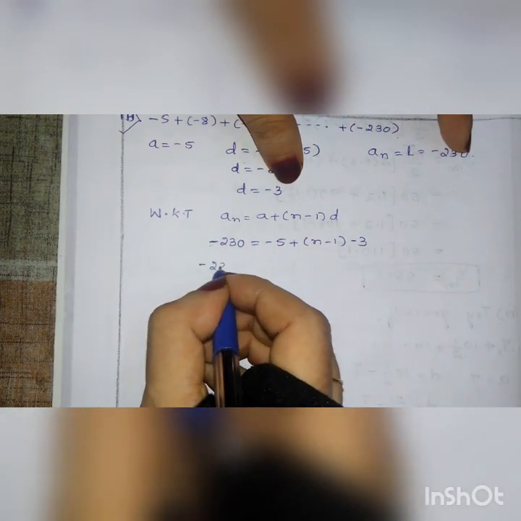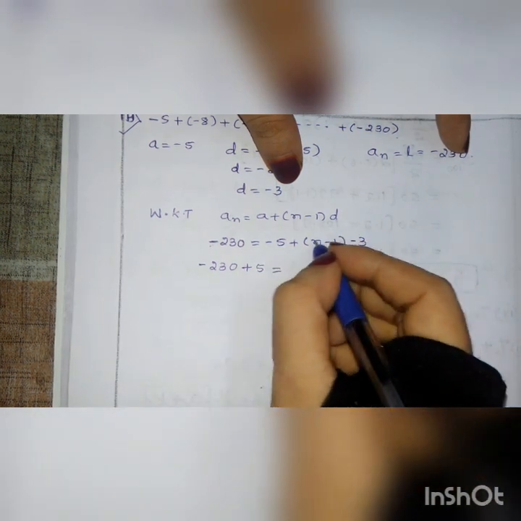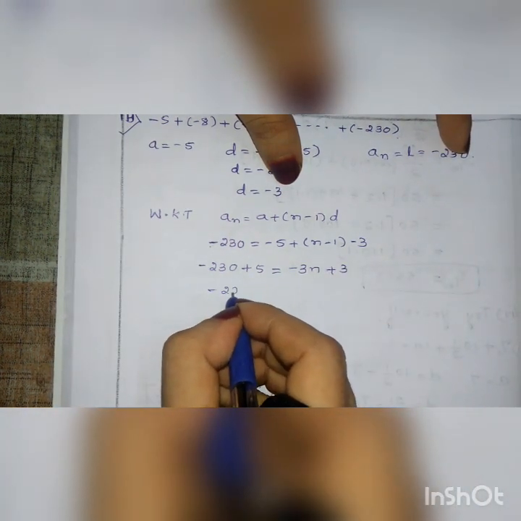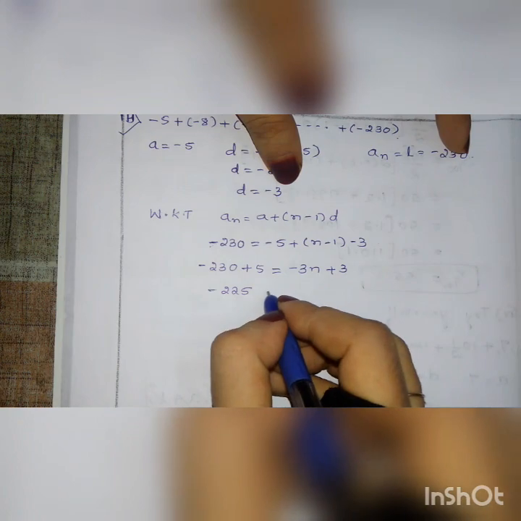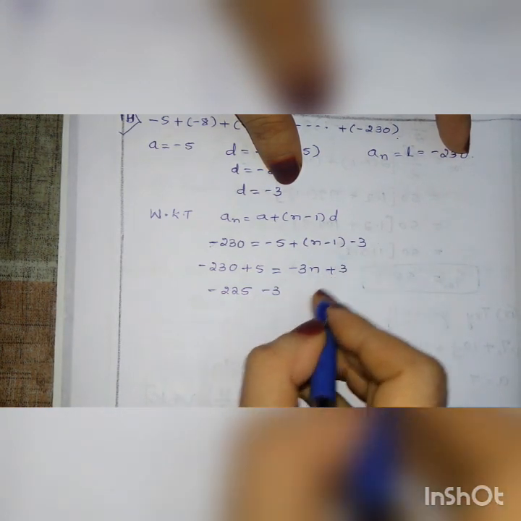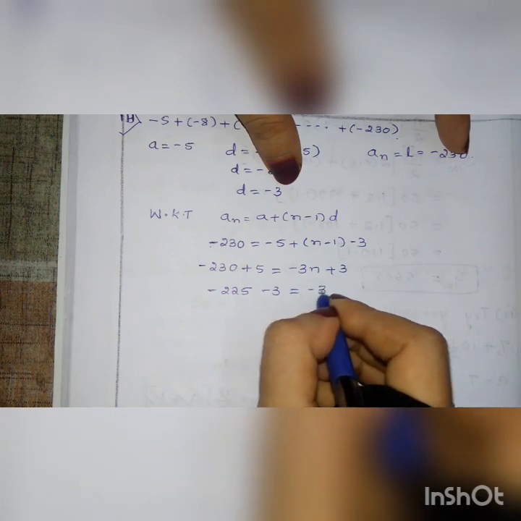-230, I'll bring this -5 here, it becomes +5, is equal to -3 into n is -3n, minus minus plus 3 1s are 3. Here -225 is equal to plus 3, if I bring it here it becomes -3, and left out here is -3n.